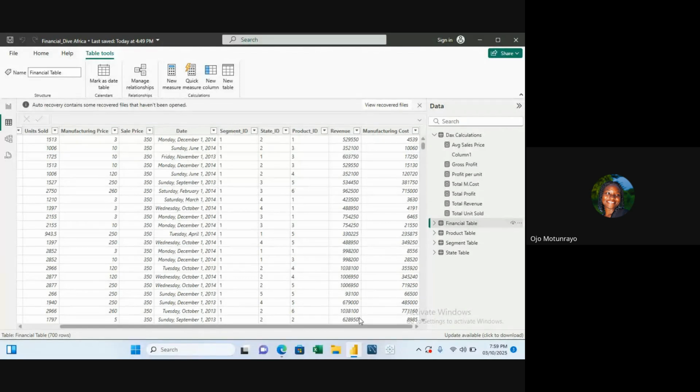So to get that, it will be gross profit minus total manufacturing cost.